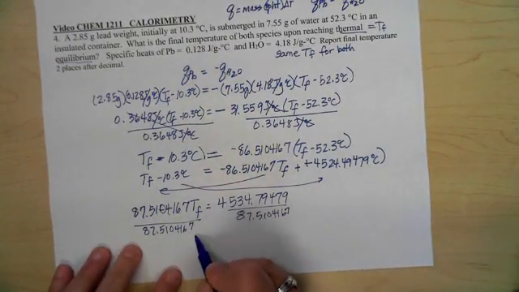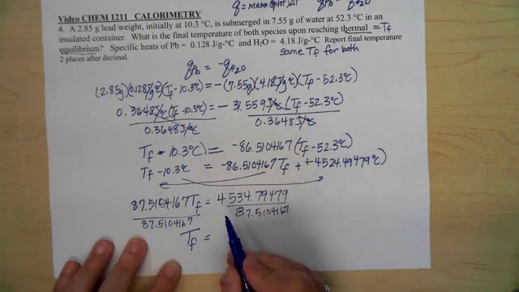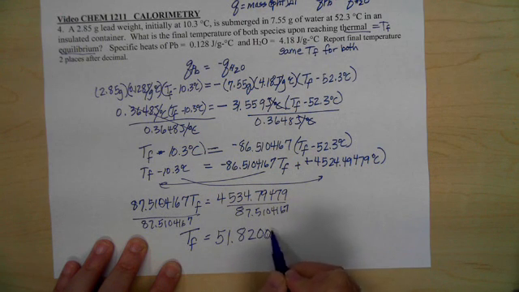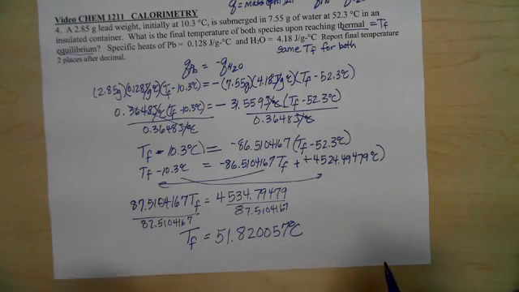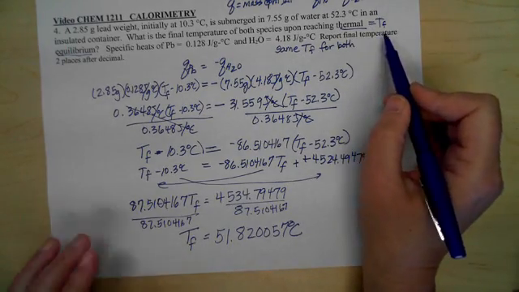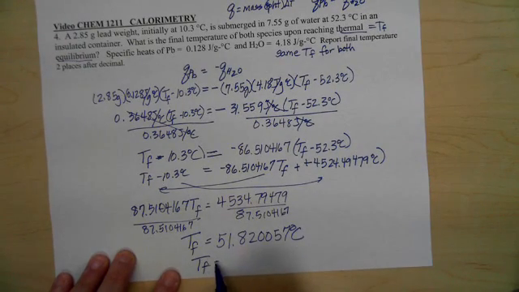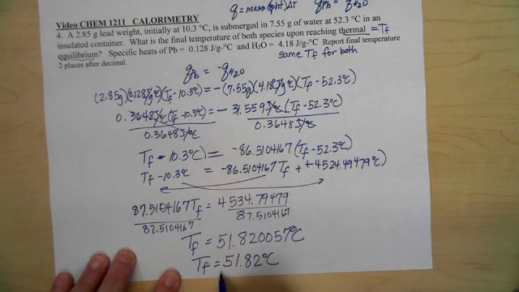Whoops, there's a 7 there. So my T final becomes equal to 51.820057 degrees C. Now, I was told to report the final temperature two places after the decimal, so T final is 51.82 degrees C.